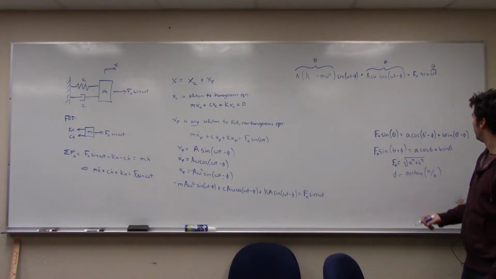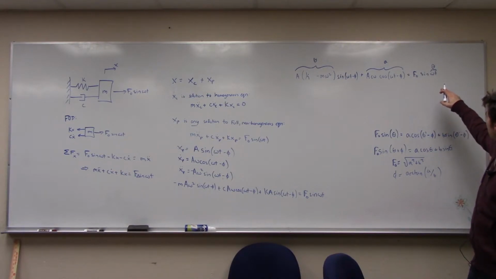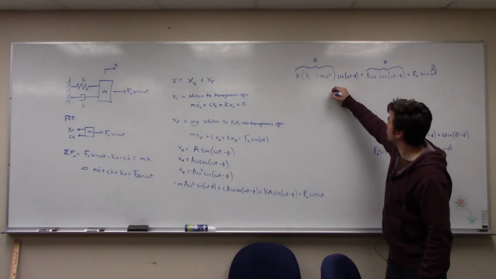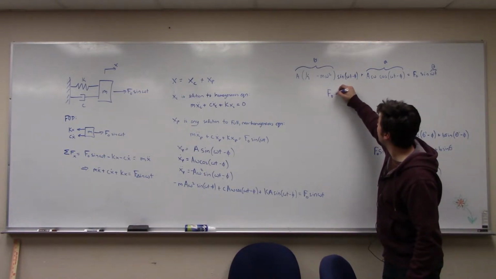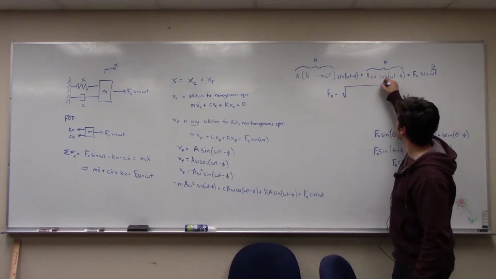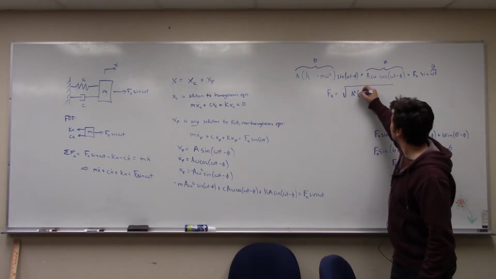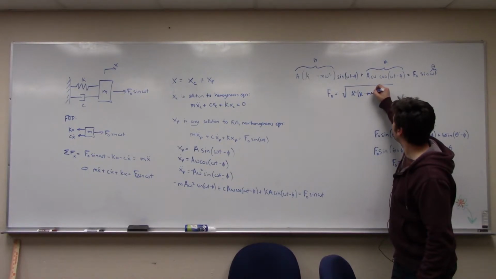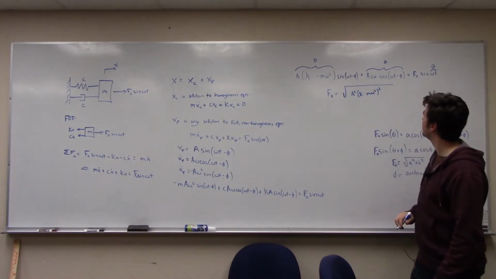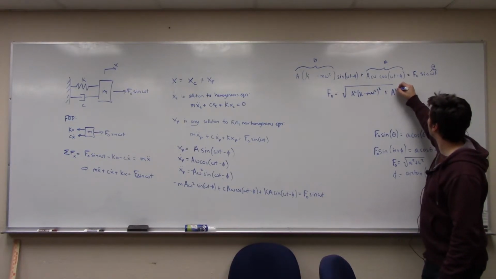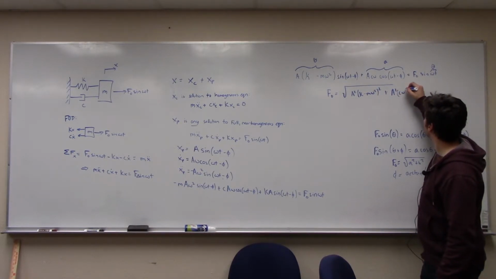This is possible if F naught is equal to the square root of a squared plus b squared. So F naught has to be equal to the square root of A squared times k minus m omega squared, that quantity squared, plus A squared c omega, that quantity squared.